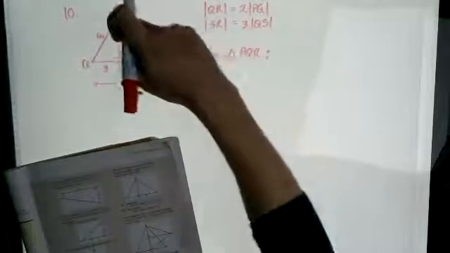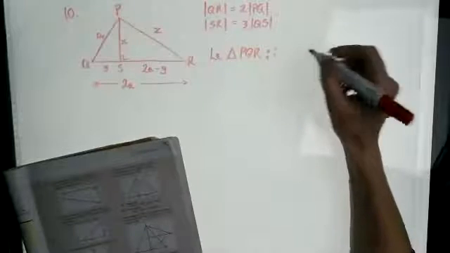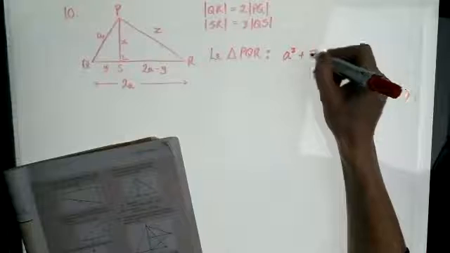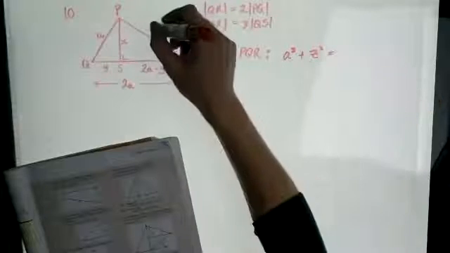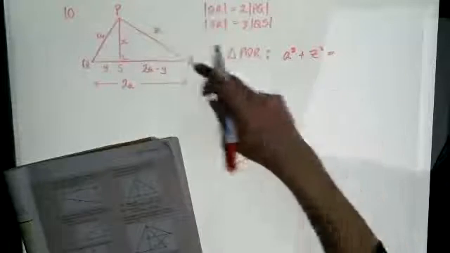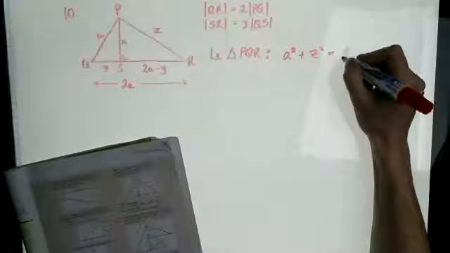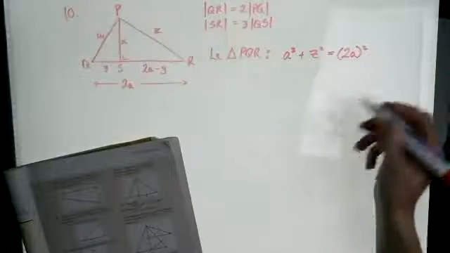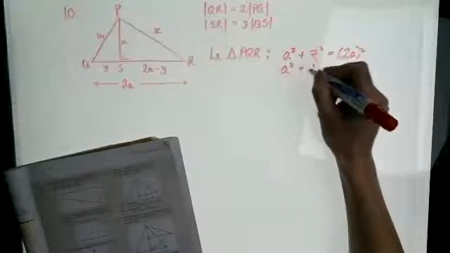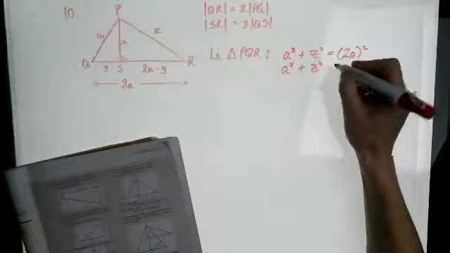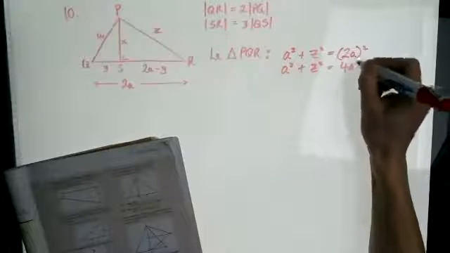We add the Pythagoras theorem: A squared plus Z squared equals 2A squared... so A squared plus Z squared equals 4A squared.